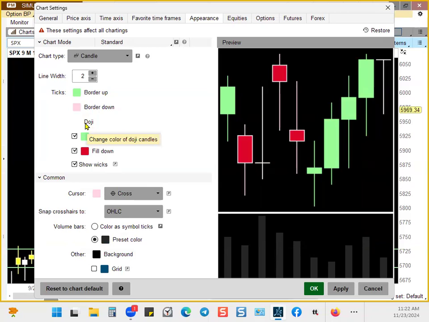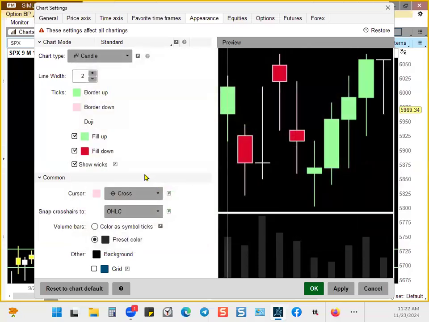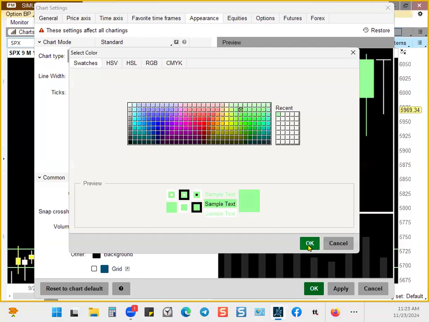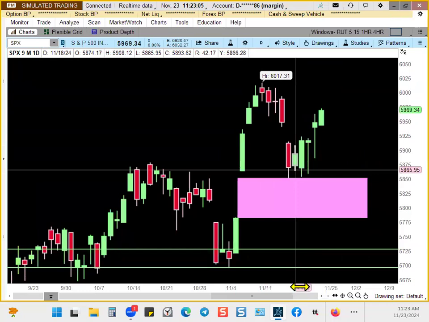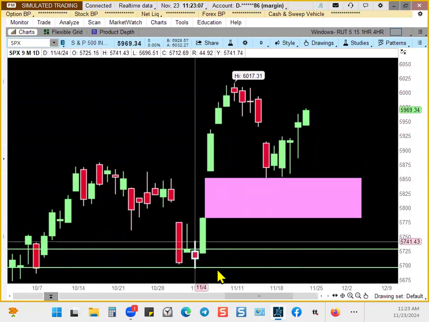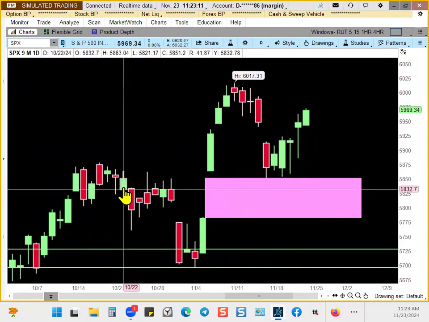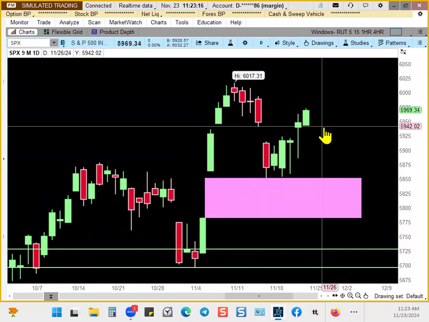But I will definitely say, try to make it a goal to be able to see the candles and know what's happening. Even if all of these candles were green or all were red, would you still be able to tell what's happening on this chart effectively?